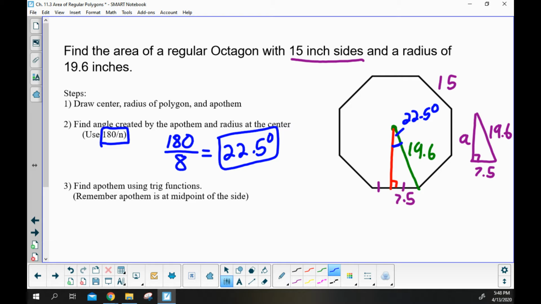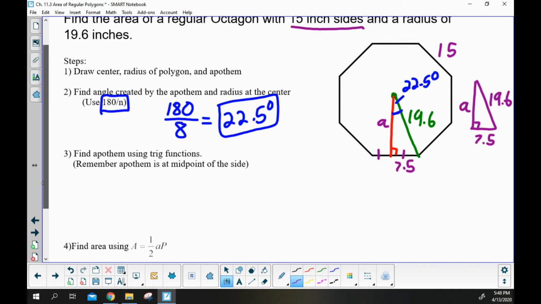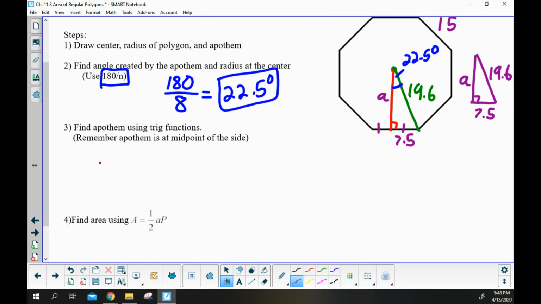All right, so in this case, we need to find the apothem. So we need to find A here. The apothem, right there. So I'm going to use the Pythagorean theorem to figure out the apothem. So I'm going to say A squared plus 7.5 squared equals 19.6 squared. And when I do that, I'm going to rearrange this as A squared equals 19.6 squared minus 7.5 squared.